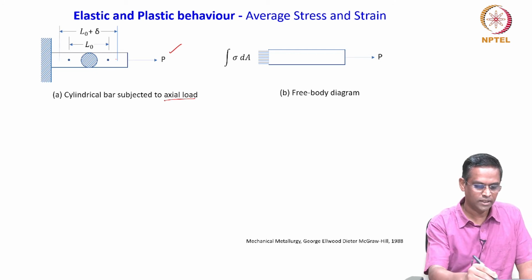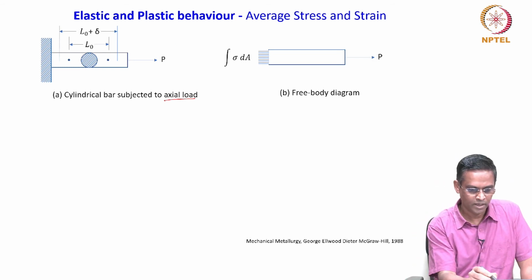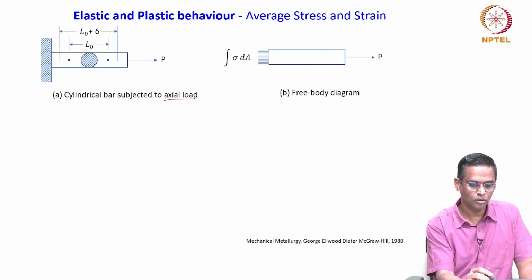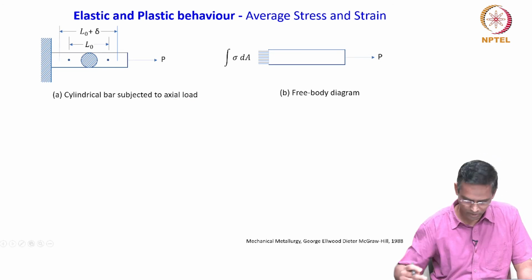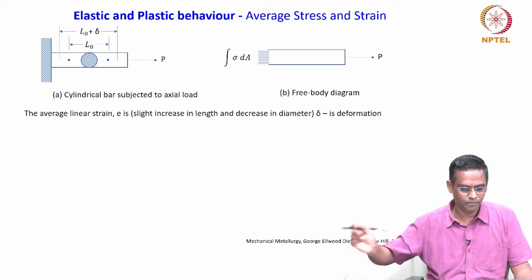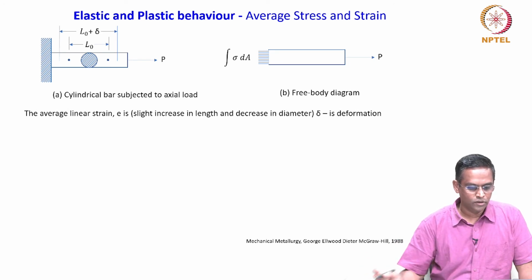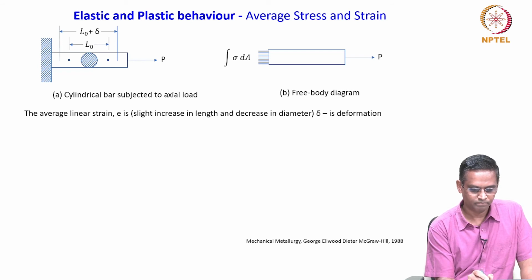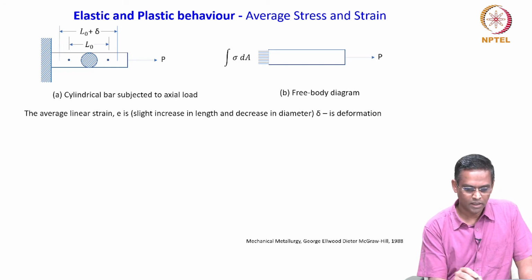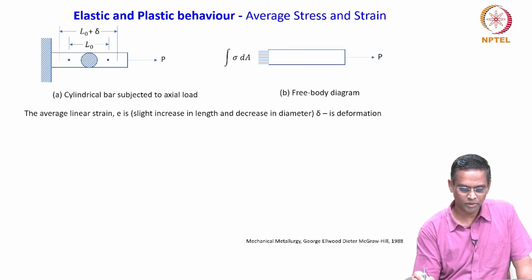So, you should also think about, suppose if you try to pull this rod in this direction, the length increases, also a corresponding diametrical reduction is also expected, right. Okay. So, that is the kind of configuration we are now trying to look at and describe. So, the average linear strain e is measured here, and delta is the deformation, the slight increase in the length and a decrease in the diameter.